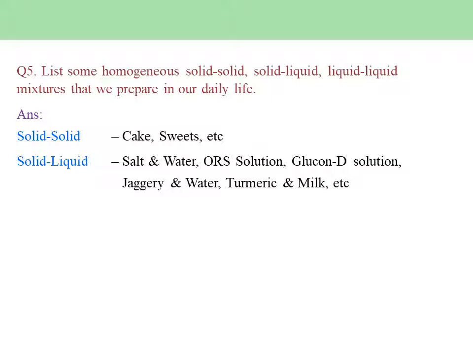It depends upon the quantity and quality of the turmeric and how it is mixed within the milk. So the turmeric can get beautifully blended, or sometimes it can leave some residue. All these are solid-liquid homogeneous mixtures.